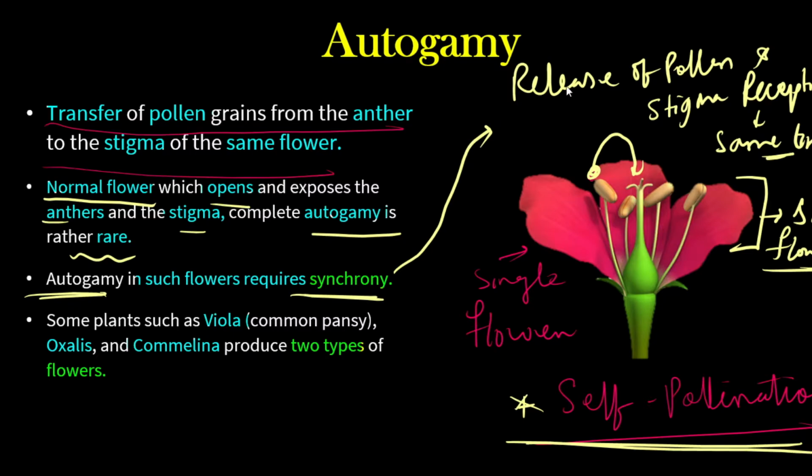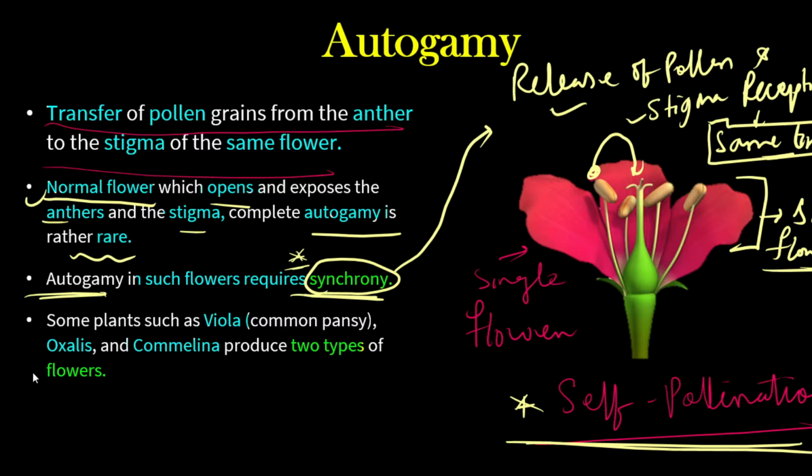In the same time pollen should be released and the stigma should receive the pollen. If that is occurring at the same time, then that process is called synchrony. So that is the main reason why we say autogamy is rare in a normal flower. So it should be synchronized.